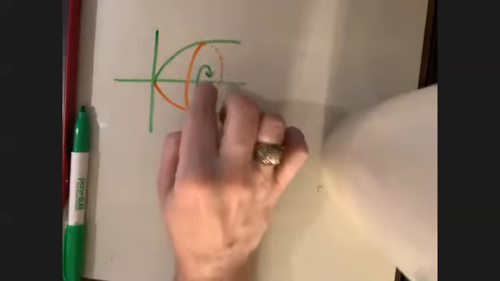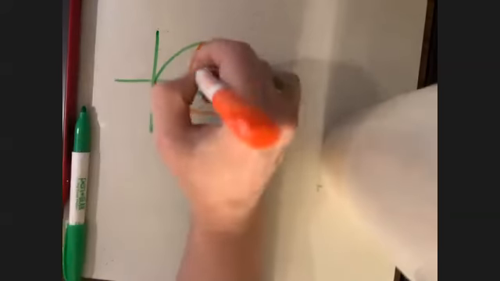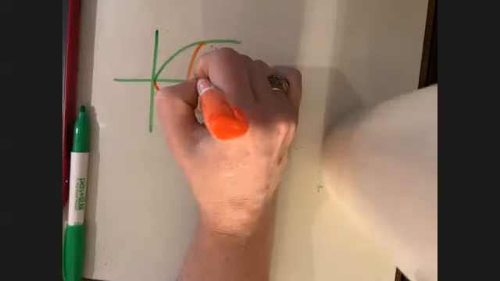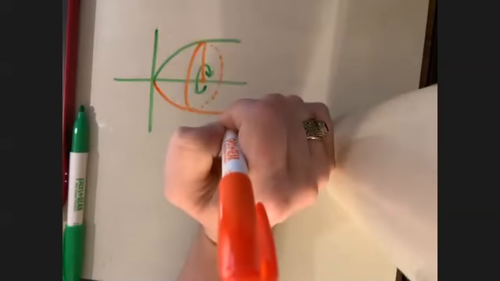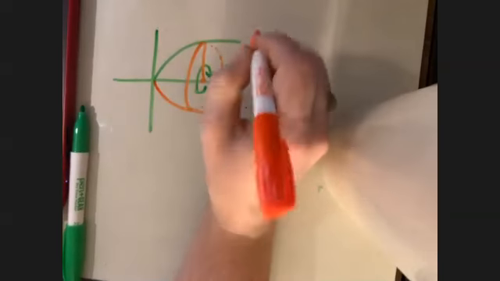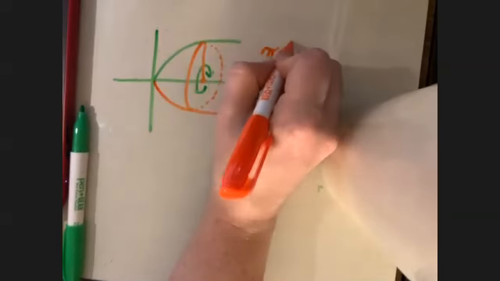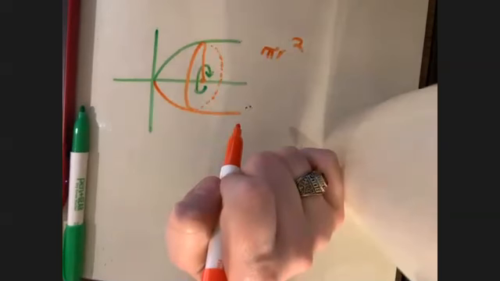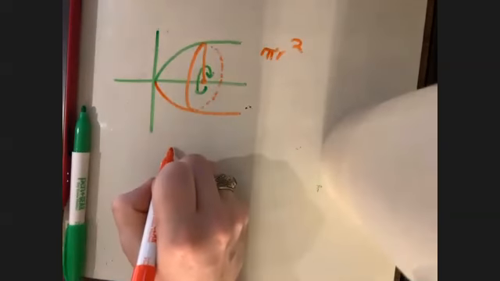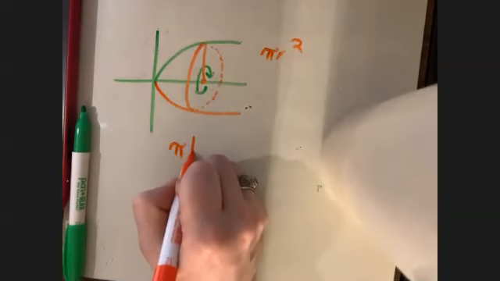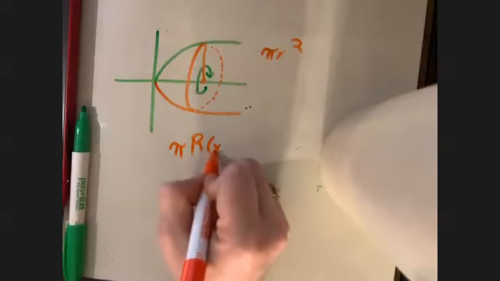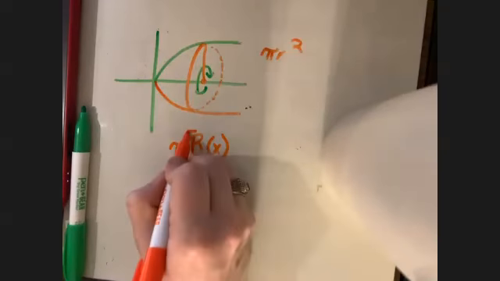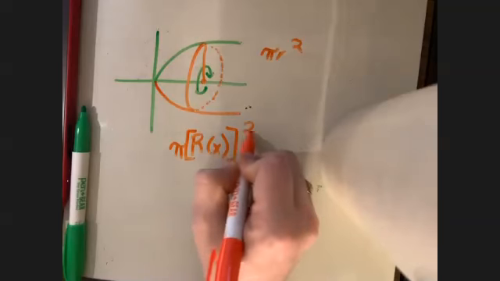Now, in order to find the area of that circle, we would need to know the radius. Well, the radius is out here. So we know that the area of a circle is pi r squared. But the radius is being defined by the function. So what we now have is pi times some function, that's going to give us our radius, squared.